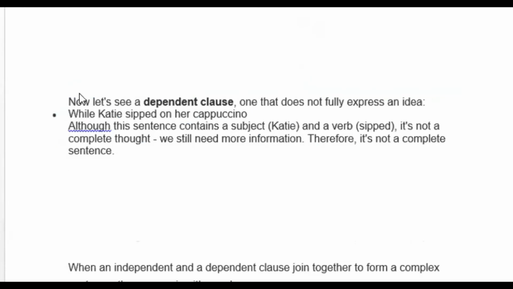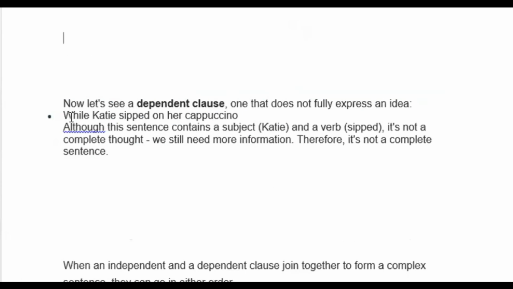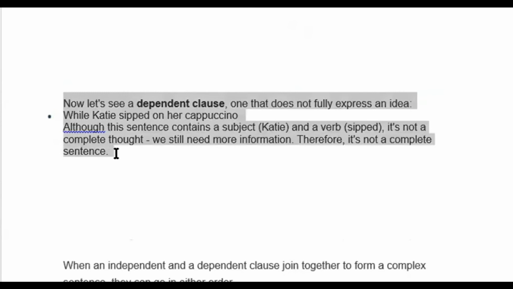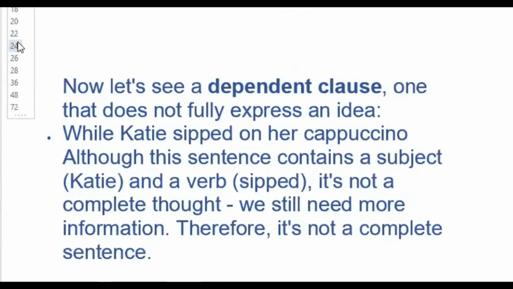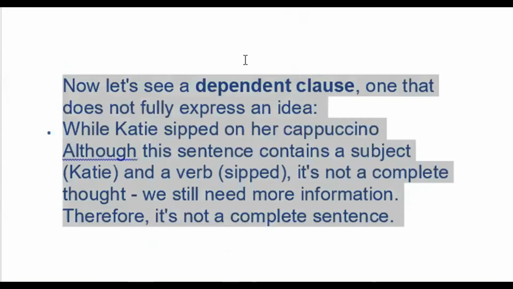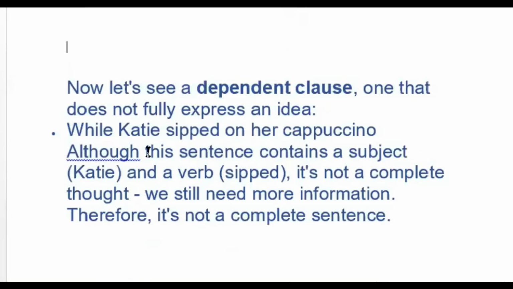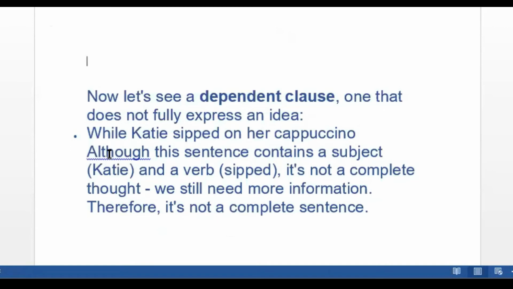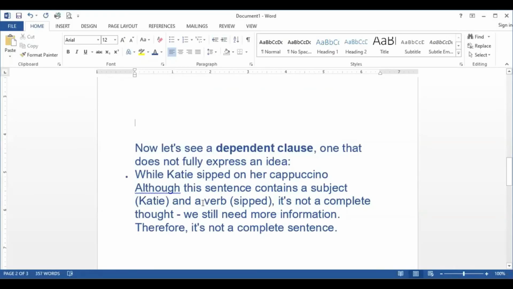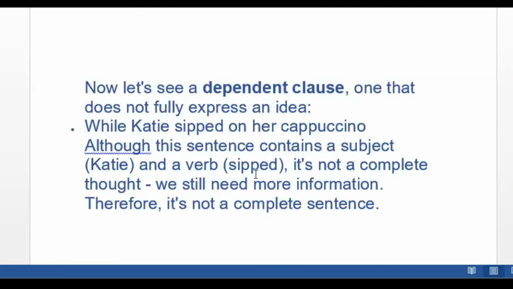Now let's look at a dependent clause. These two are just a review to get you thinking back about the two types of clauses. Now, a dependent clause does not express an idea. While Katie sipped on her cappuccino, although this contains a subject, Katie, and a verb, sipped, it is not a complete thought.